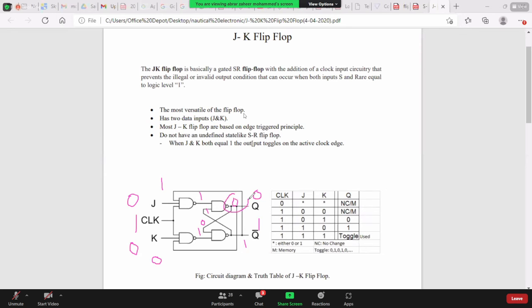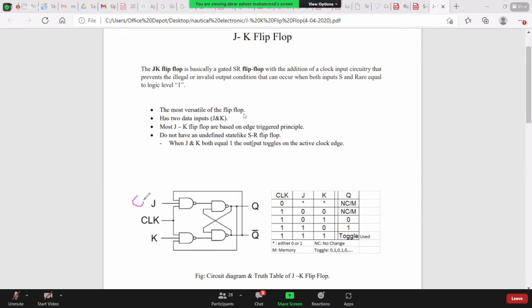So again we are getting 0 and 1, meaning when J is 0 and K is 0, the output is no change. We'll see the next condition now.